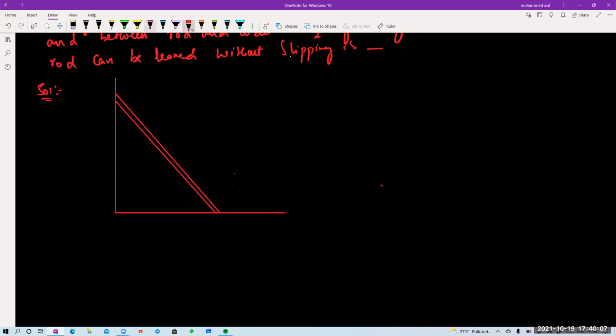So this is the rod which is being inclined here, right? And say for example, this is the angle made by this one. This is nothing but your theta.